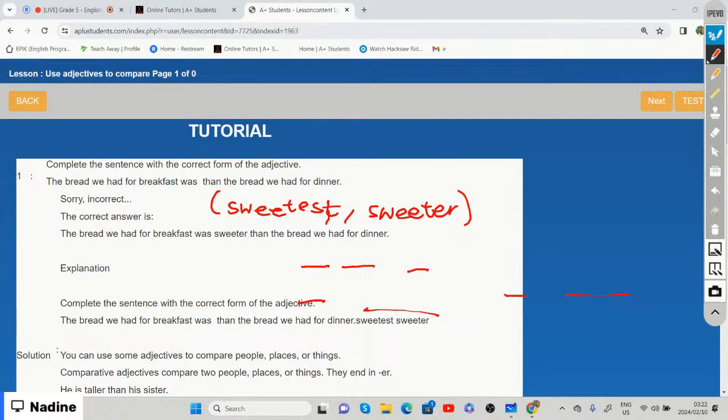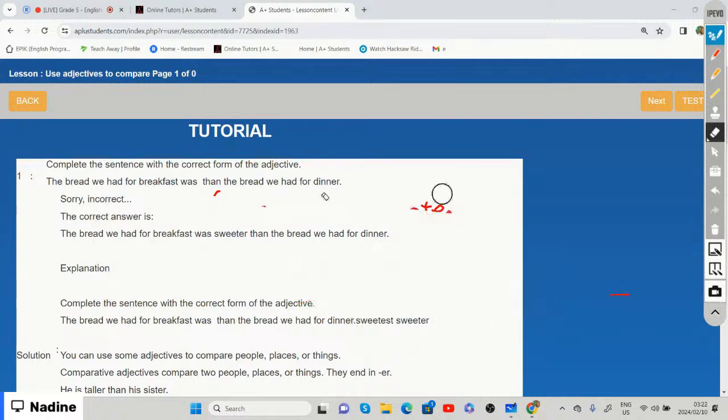So we need to choose between sweetest or sweeter.